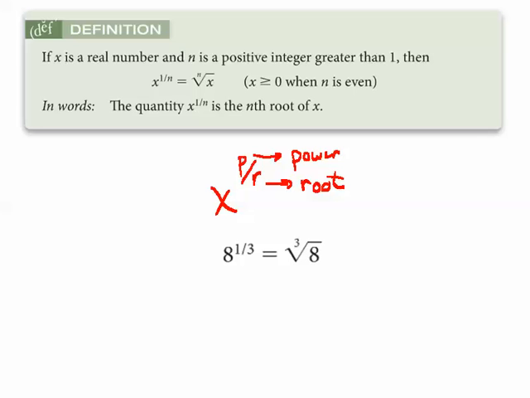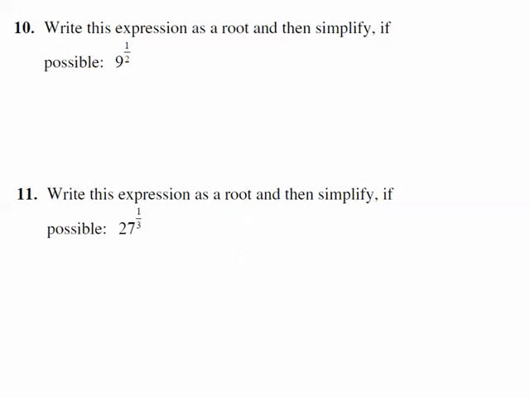For the next few examples, what they want you to do is get this concept across. You're going to go from one to the next and then simplify, because they want you to build that understanding. So write this expression as a root first, and then simplify it if it's possible. So 9 to the exponent of 1/2, what does that really mean?